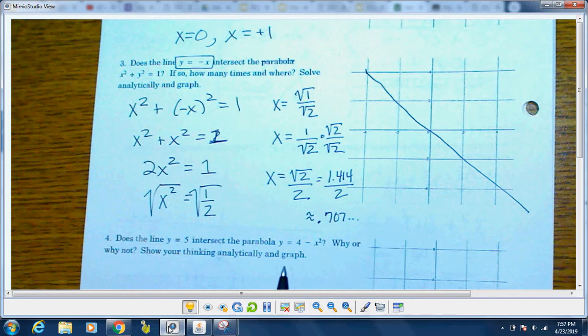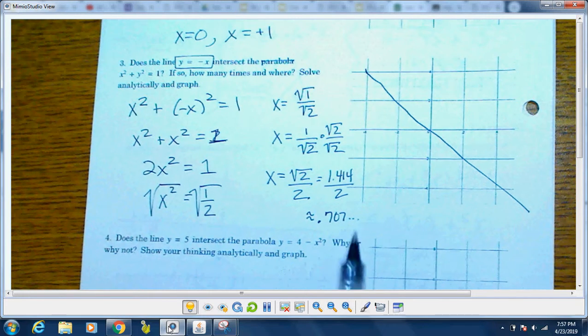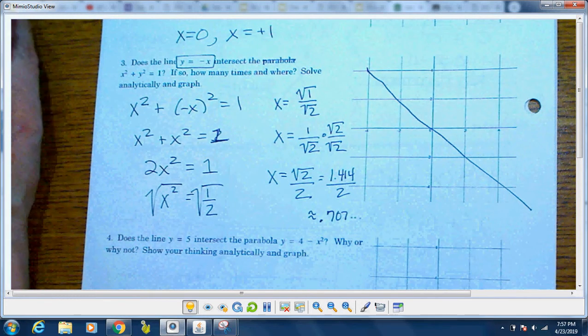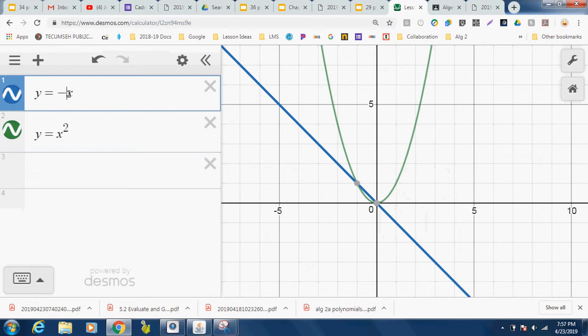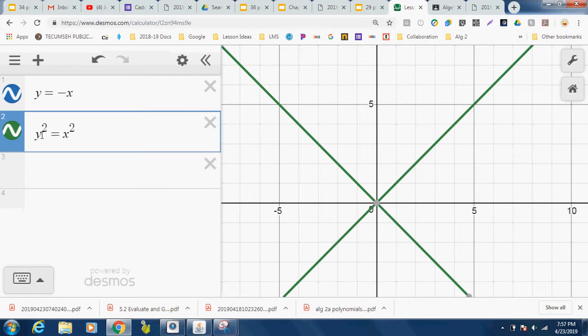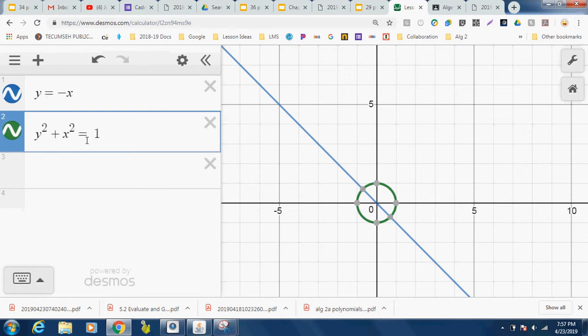If I go on to Desmos and I graph this now, I'm going to change these equations. Y equals negative x and y squared plus x squared equals 1.